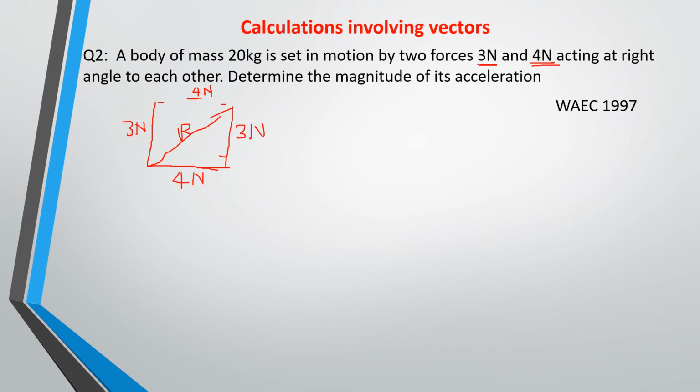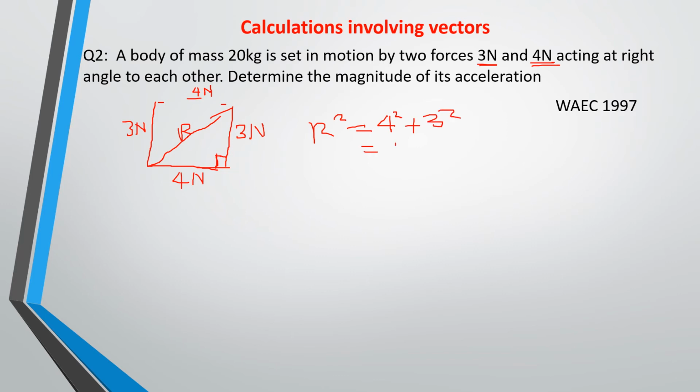So they are acting perpendicular to each other, which means they are at 90 degrees to each other. So here you are going to use what? The Pythagoras theorem to get the resultant. So we have the resultant R squared will be equals to what? 4 squared plus 3 Newton squared.